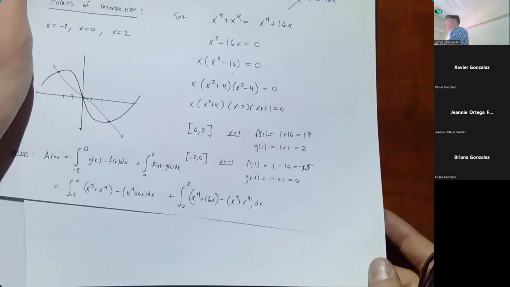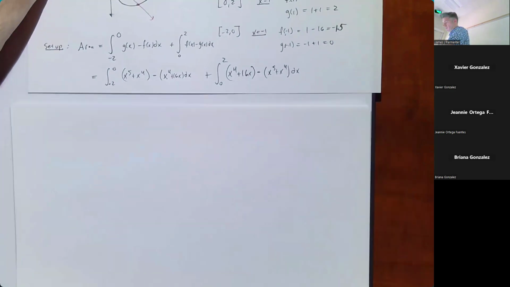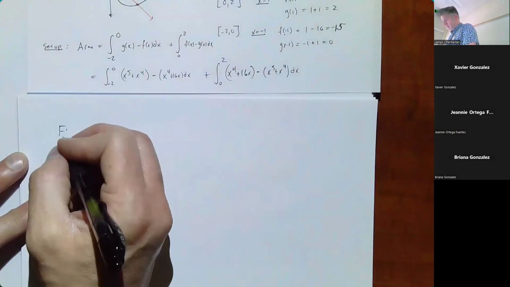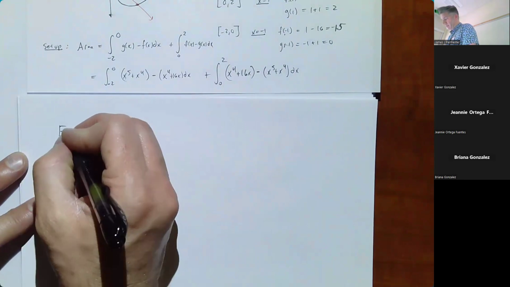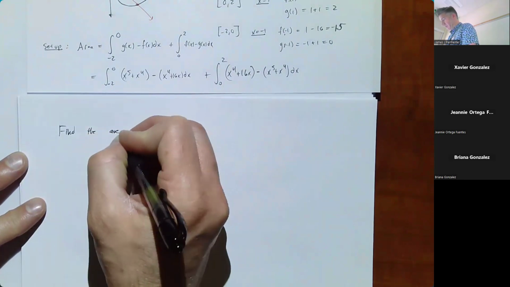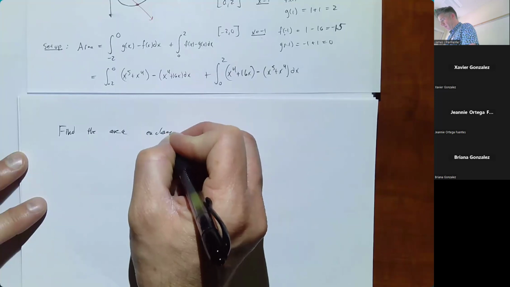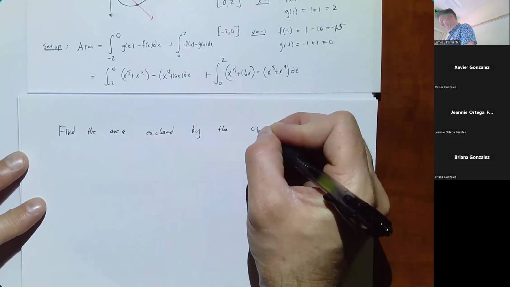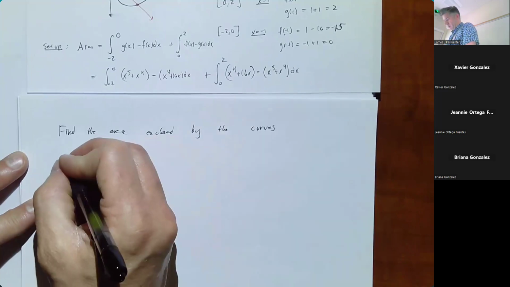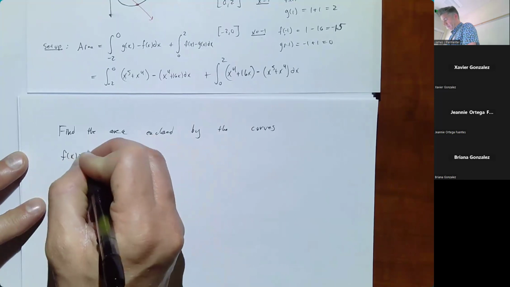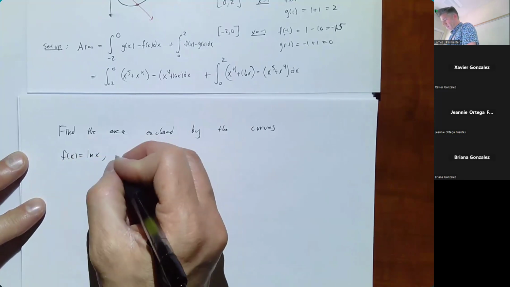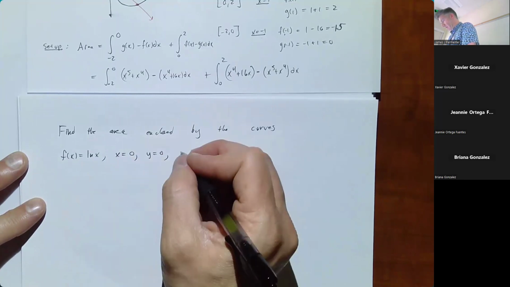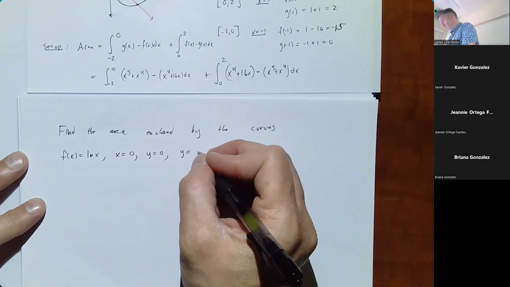So let's say we want to find the area enclosed by the curves f of x equal to the natural log of x, x equals 0, y equals 0, and y equals e.